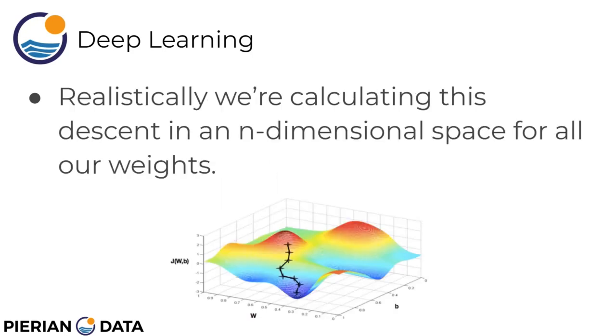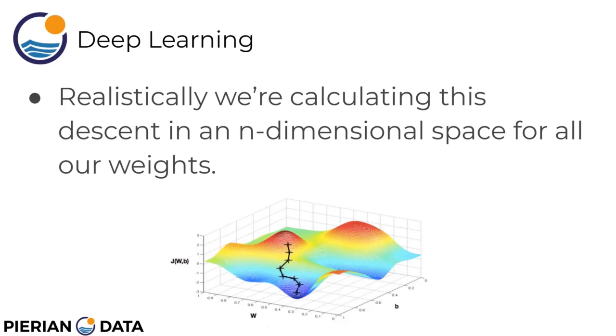Now realistically, we were showing you that illustration of gradient descent on just a single w, so a one-dimensional w. What we're really doing is calculating gradient descent in an n-dimensional space for all our weights. Here you can see gradient descent in a two-dimensional plane, including the weights and the bias.